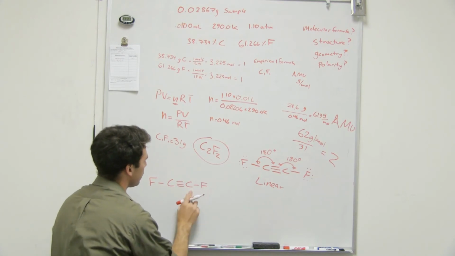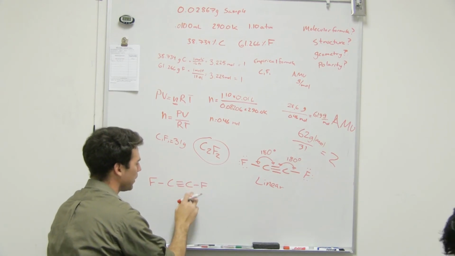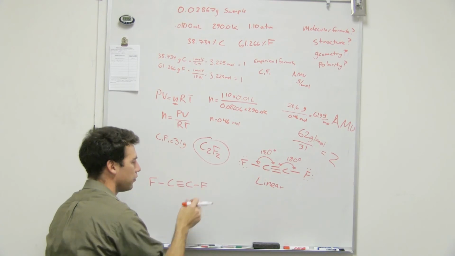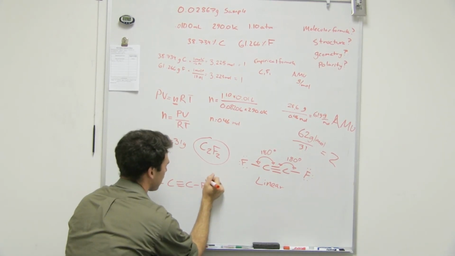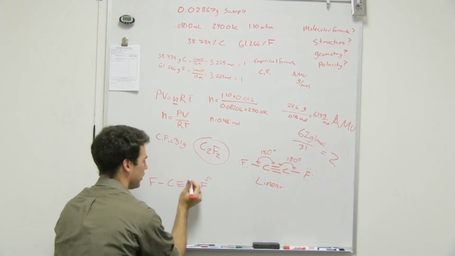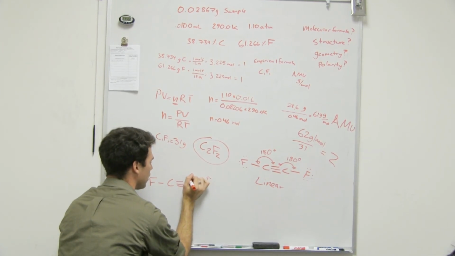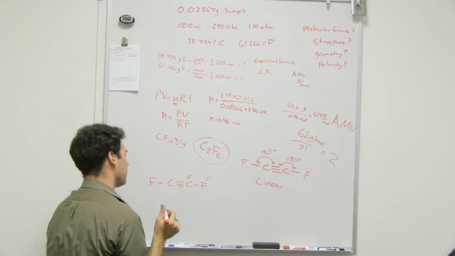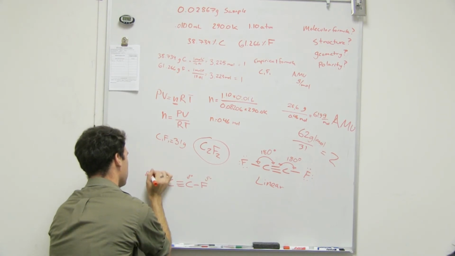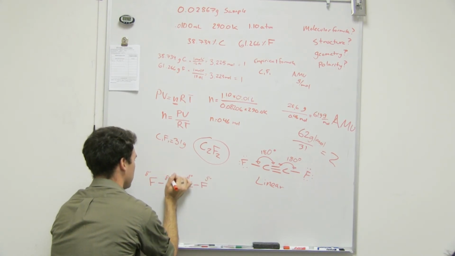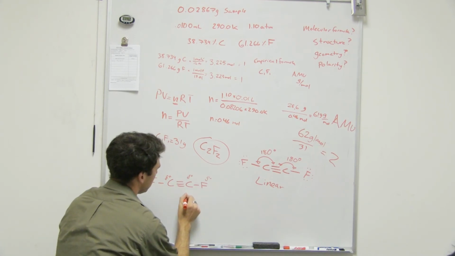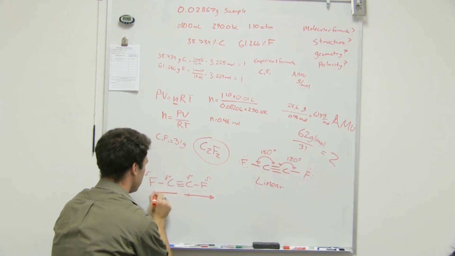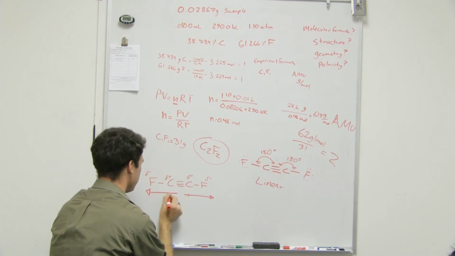Here there's going to be a movement between the carbon and the fluorine. By looking at the periodic table, fluorine is more electronegative, meaning the carbon is slightly positive. It's the same over here. So we see a movement from there to there, and from there to there.